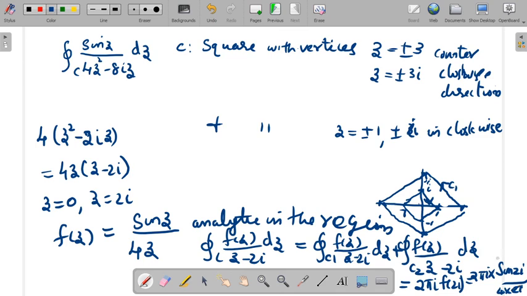So you can cancel that 2i to get pi i sin 2i divided by 4 as the value of this integral.